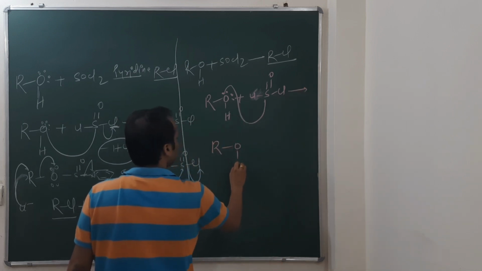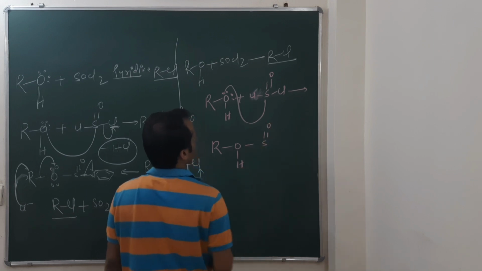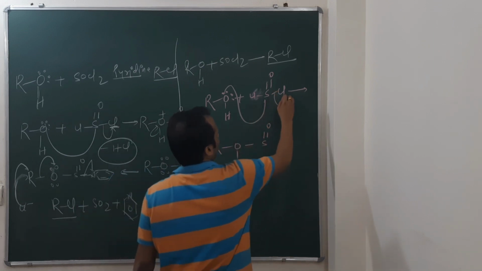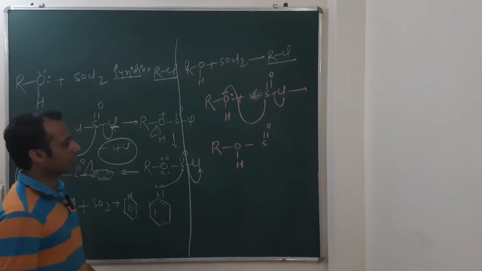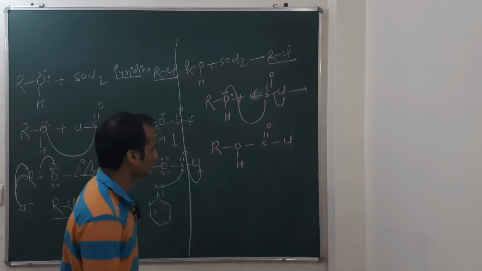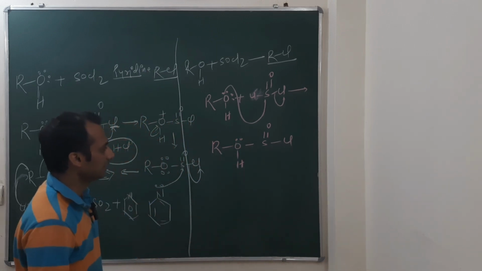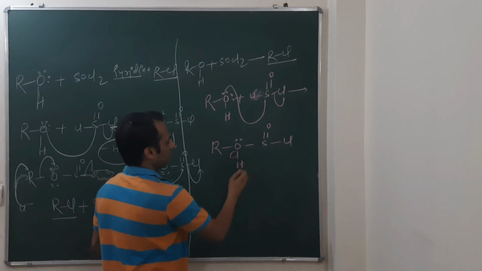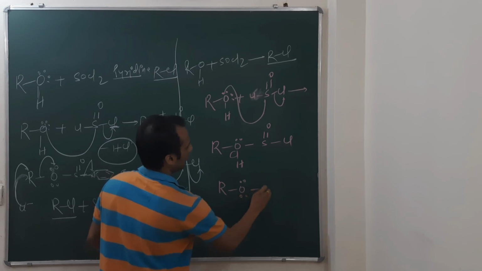ROH, S double bond O, and when it attacks, the chlorine will leave its position. Clear? So what happened? Here the chlorine is there. Clear? So now what will happen, students? See, that H will also be removed and they form R, O, and here S double bond O, Cl.